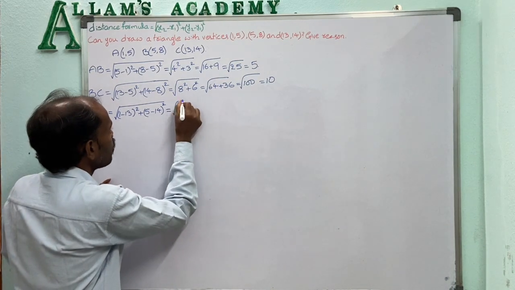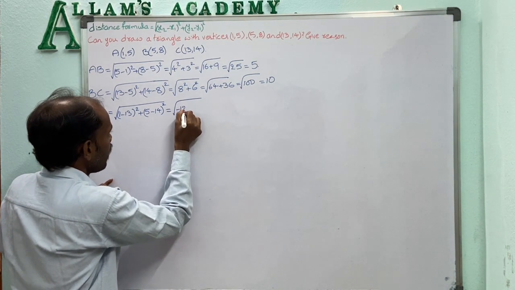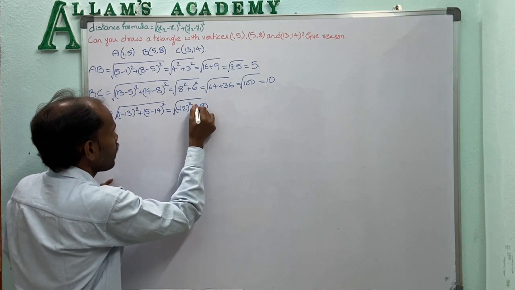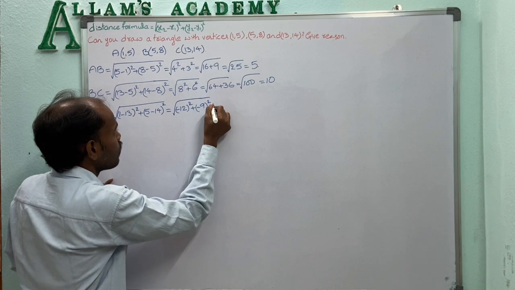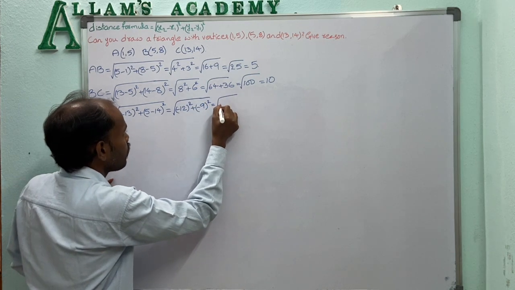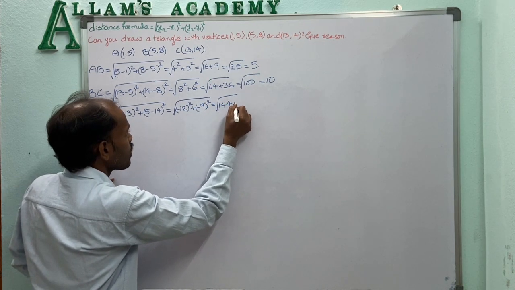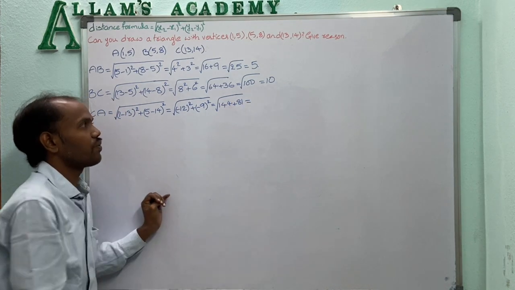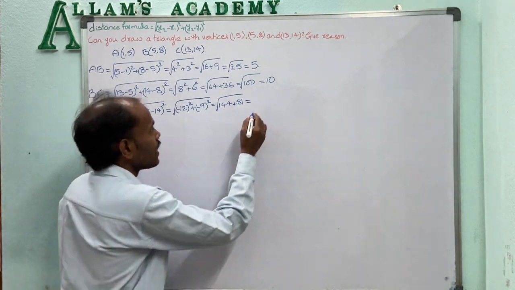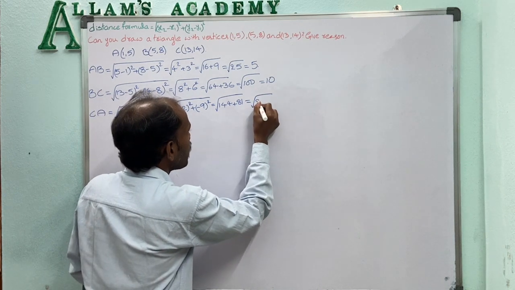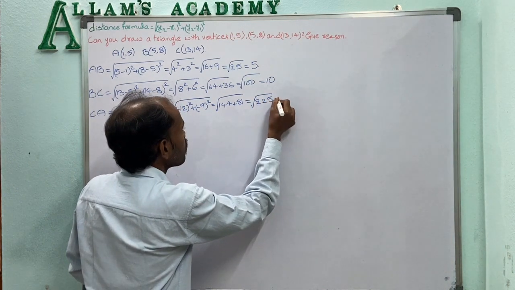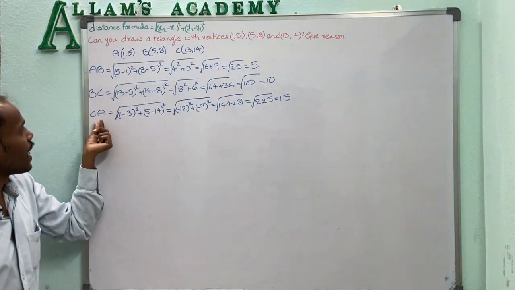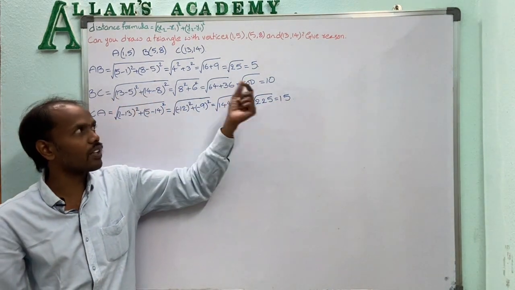So under root minus 12 whole square plus minus 9 whole square. So minus 12 whole square equal to 144 and minus 9 whole square equal to 81. That is under root 144 plus 81, that is under root 225. Under root 225 is equal to 15. So the length of the side CA equal to 15.